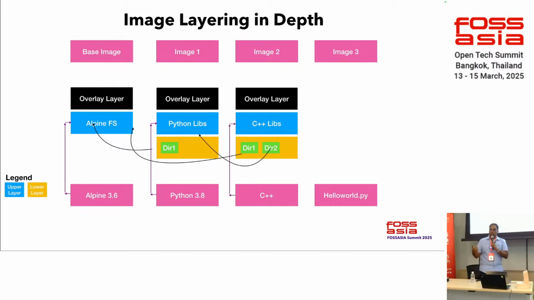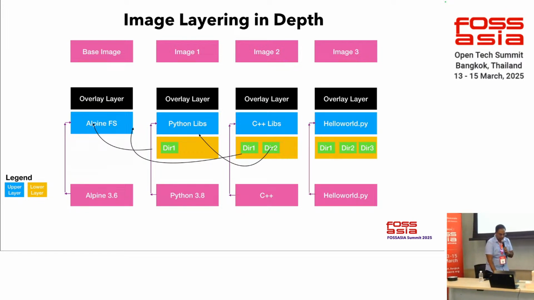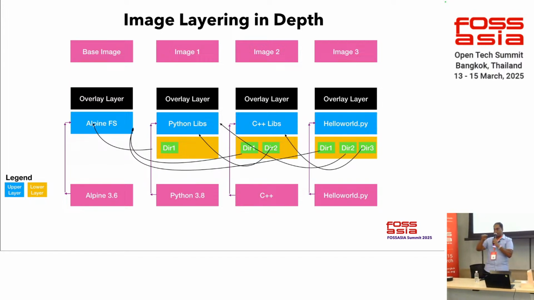In the subsequent intermediate Docker image, the lower layer has the previous two layers, whatever actions were there, added in the lower layer again. The same way this keeps happening, and in the final image you have all the previous upper layer directories and the final instruction's upper layer, and you get the final image.